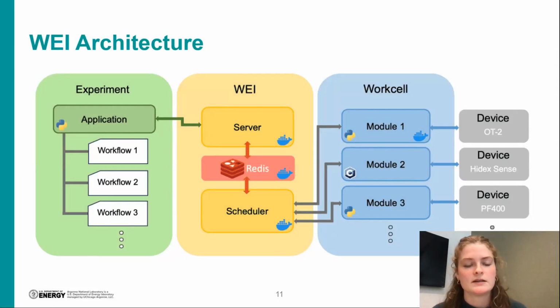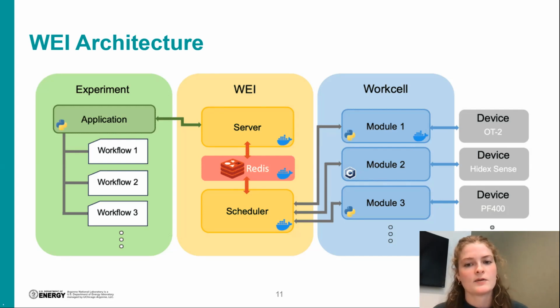Okay, here I went a little bit into the right side of this diagram already. This is an overall WEI architecture diagram. If you look on the right, you've got your devices in gray, and then you've got your work cell, which is a combination of modules, and then the module sends communication to the device. That's what I just described.